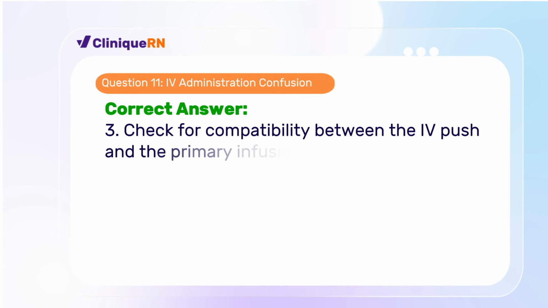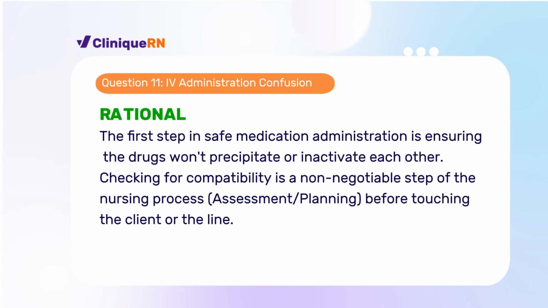The correct answer is 3. Check for compatibility between the IV push and the primary infusion. Rationale. The first step in safe medication administration is ensuring the drugs won't precipitate or inactivate each other. Checking for compatibility is a non-negotiable step of the nursing process, assessment or planning, before touching the client or the line.